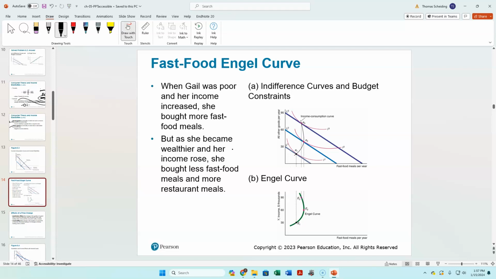And thus, that's going to alter what our Engel curve looks like, meaning that it starts to pivot backwards. But even though the Engel curve is bending backwards, the demand curve is still going to be downward sloping, just as for an inferior good, the demand curve is still downward sloping.